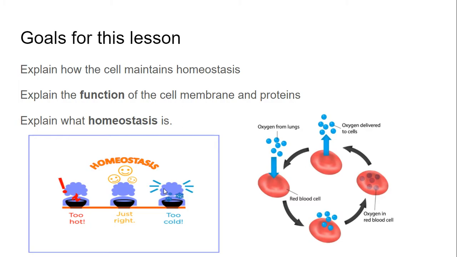So these red blood cells are part of that. And that's going to be relevant because we're going to do a heart rate lab, and the heart is what's responsible for pumping this blood because it needs to send oxygen throughout the rest of the body. So those are the two examples that I'm going to be referring to, and also it's in the document for the heart rate lab.